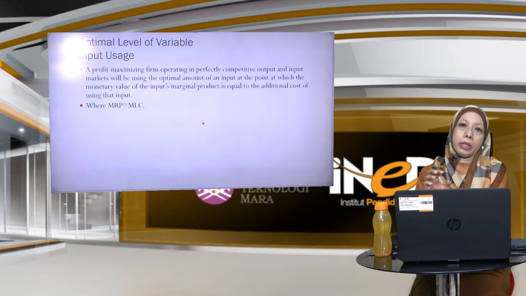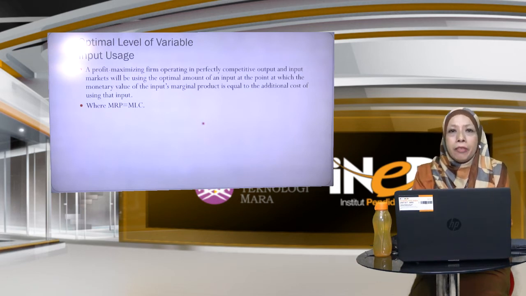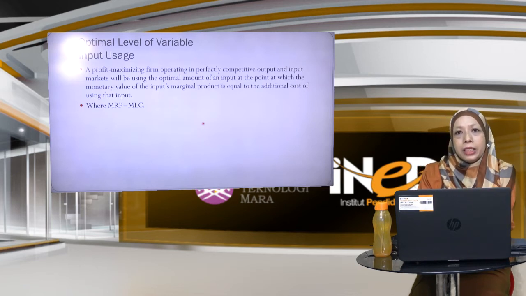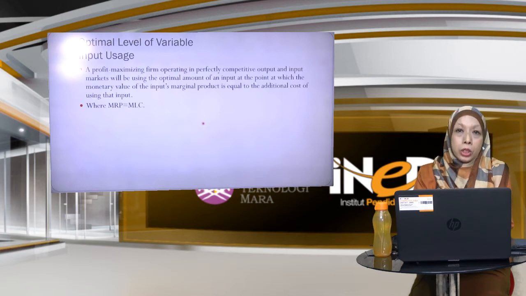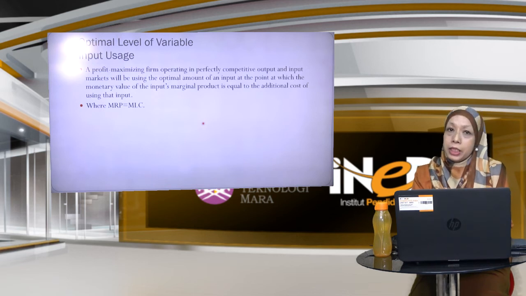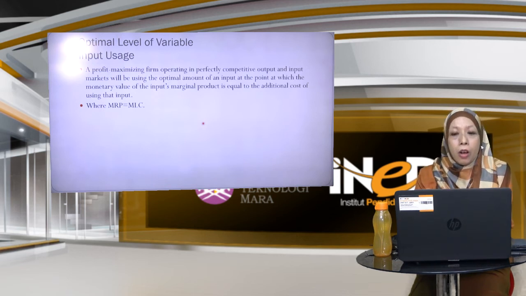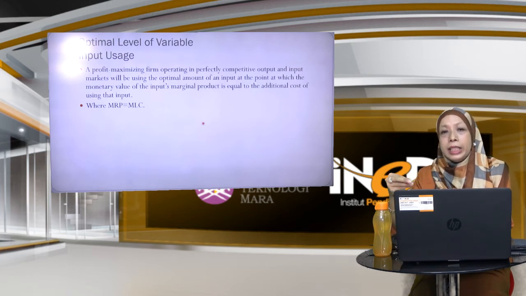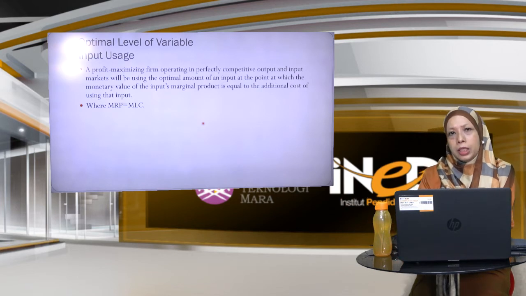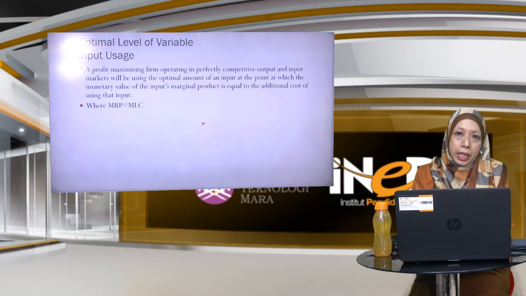What we have looked at so far is the production process in the short run, and our main aim is to identify the ideal number of variable inputs to use. Because in the short run, we are using both fixed input and variable inputs, nothing much can be done on fixed input. All you can do is add variable inputs to get more output. So the question is, what is the ideal number of variable inputs to hire?